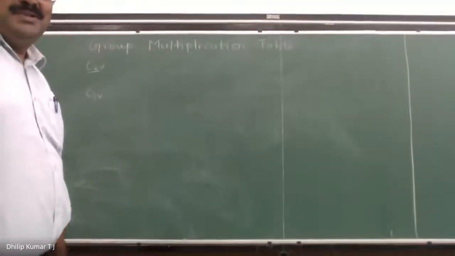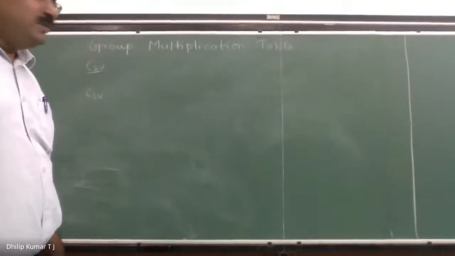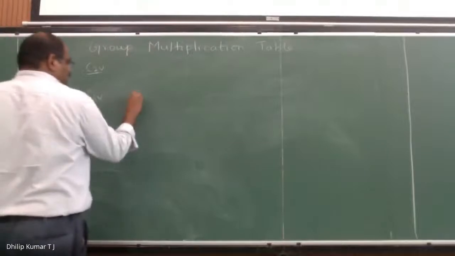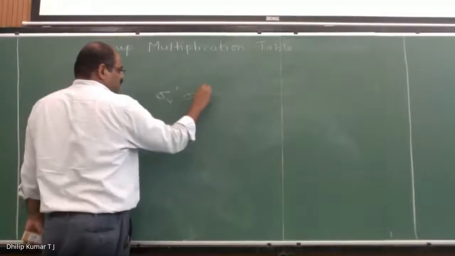So you are sitting in front of it, or you are having that? Yes, sir, I'm having that in my notebook. Okay, tell me what is sigma v' multiplied by sigma v''. What do you get? Sigma v' into sigma v''.